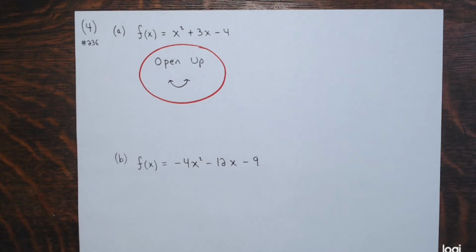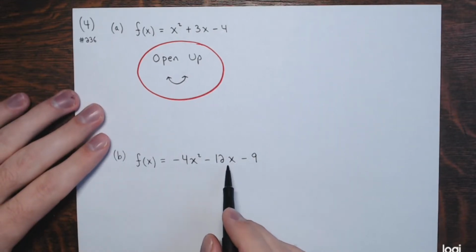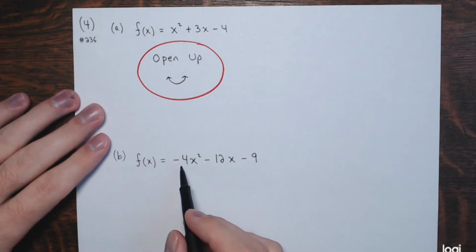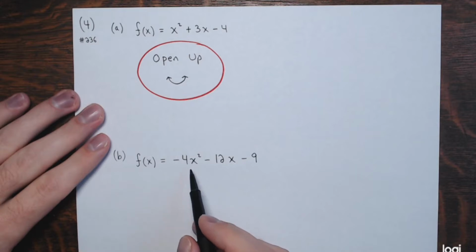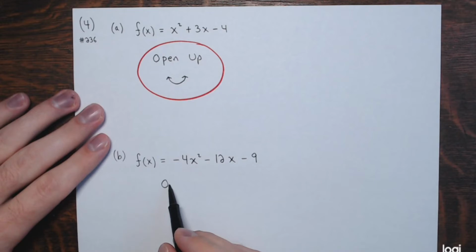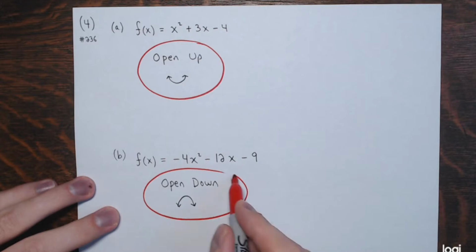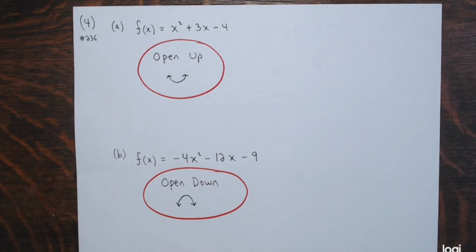And then part B, f of x equals negative 4x squared minus 12x minus 9. Negative lead coefficient in this ax squared plus bx plus c. So I can tell you right away that this will be a parabola that opens down, like that. See, smiley face, frowny face, okay.